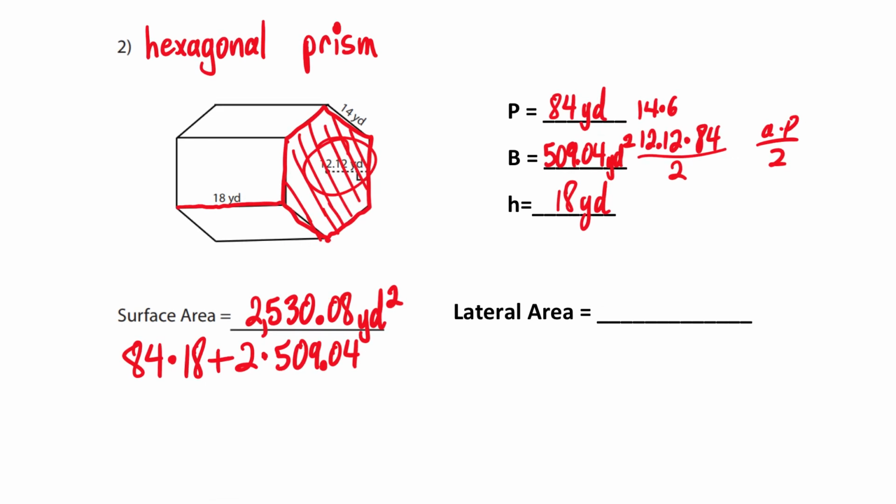And then for lateral surface area, it is just P times H, which is what? 1,512 square yards.